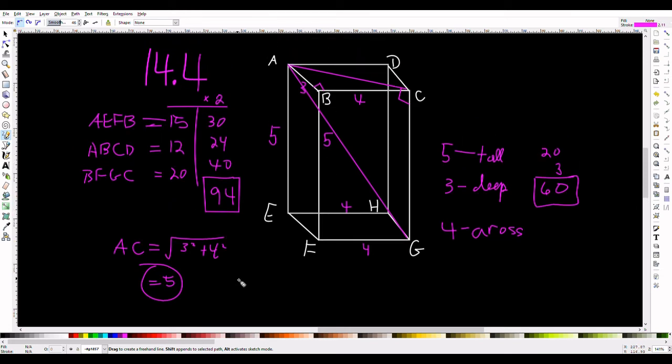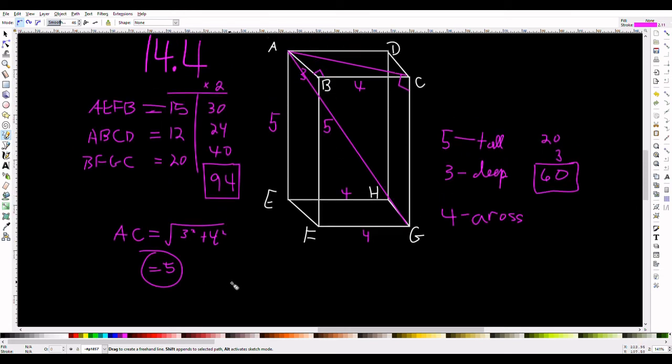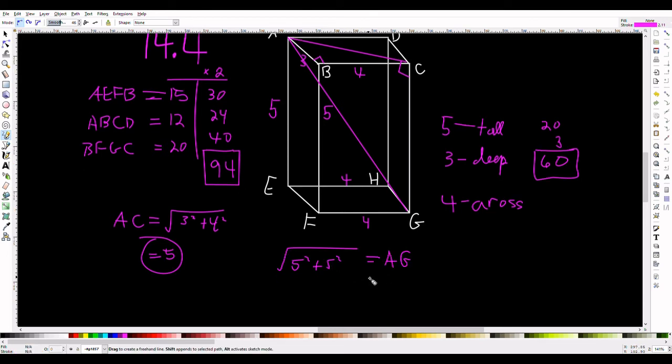Well, we can use the Pythagorean theorem for ACG. 5 squared plus 5 squared, and you'll get 50. The square root of 50 is 5 square root 2, which equals AG. So that's problem 14.4. It's not so bad.